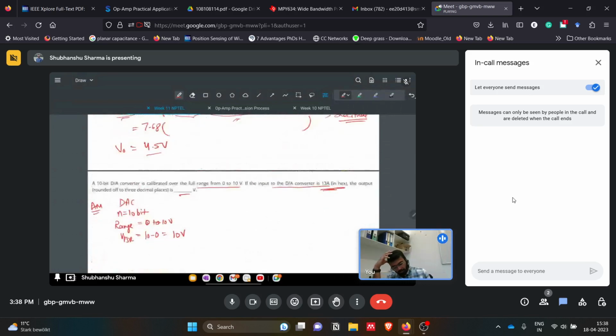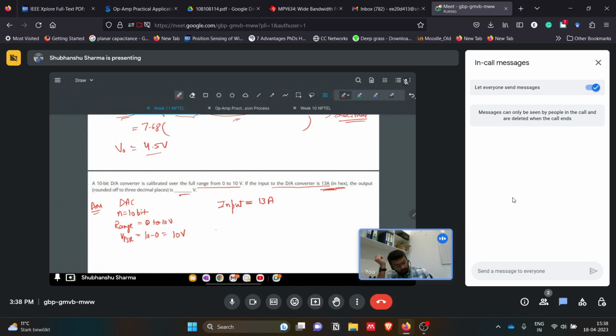Here, instead of binary, it's given in hexadecimal, that is 13A. So if this is the input, then we have to first convert it into decimal.